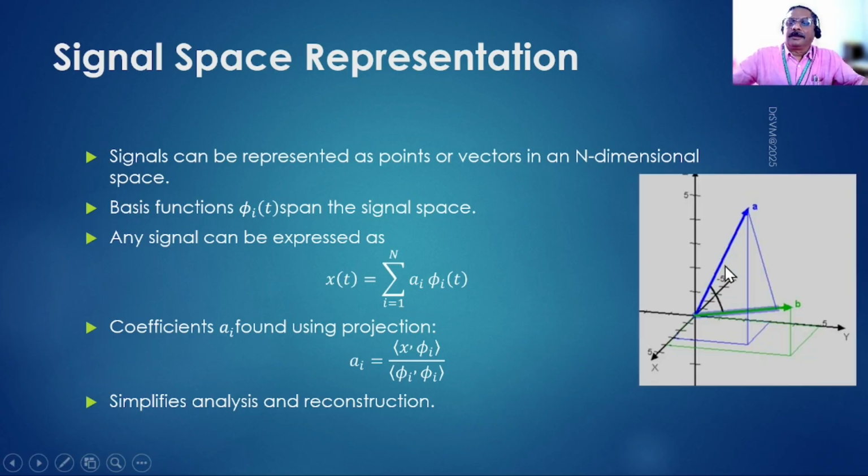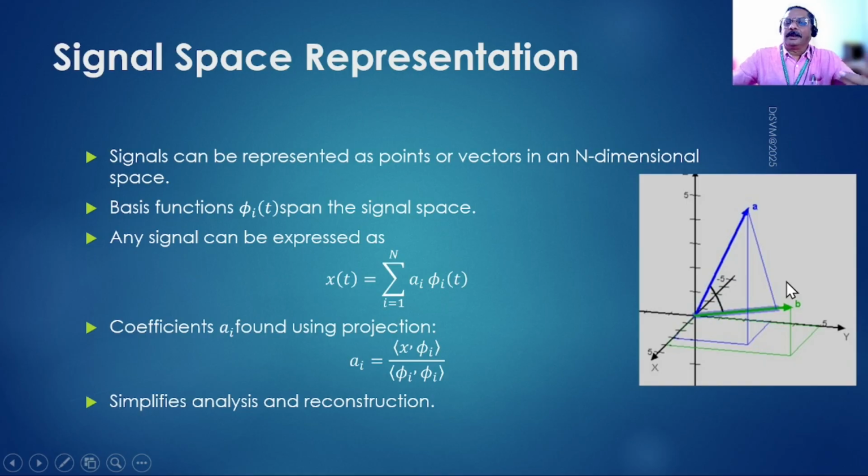We can see that this is A. A can be represented by its components along the y, x, and z directions, where x, y, z are the three basis functions here.